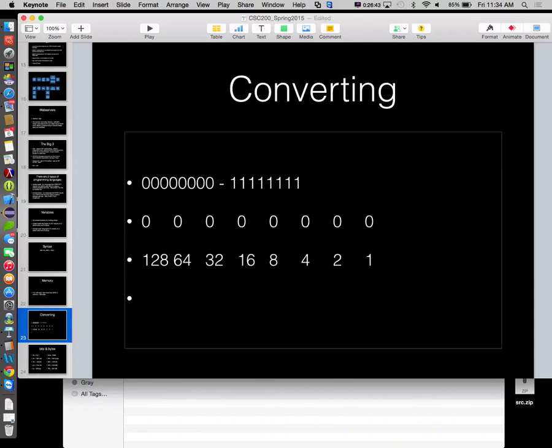Similarly, we can say this is the 2 to the 8th place. This is the 2 to the 7th place. This is the 2 to the 6th place. 2 to the 5th place. 2 to the 4th, 2 to the 3rd, 2 to the 2nd, 2 to the 1st.